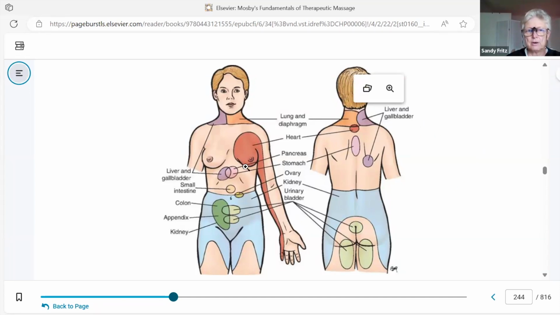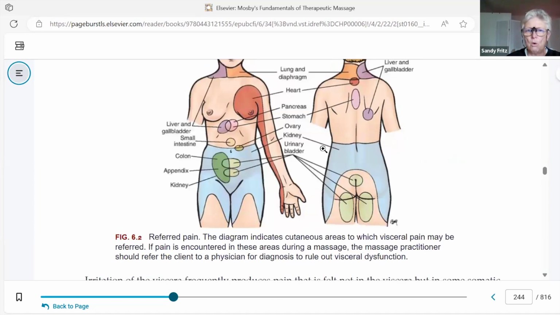Now, some of these are more of a medical emergency, and not all of these are as stereotypic as on this diagram. So this is the one for the heart, but the heart can show up in a lot of different ways. This whole low back area will show up with kidney, bladder, kidney infection. And it's important that that's not confused with somatic muscle bone joint pain.